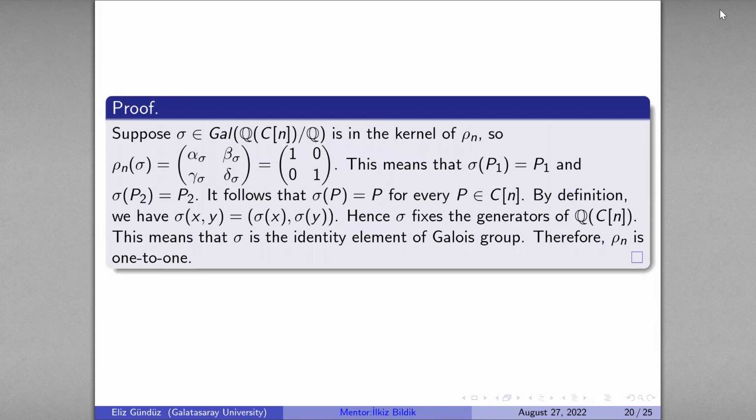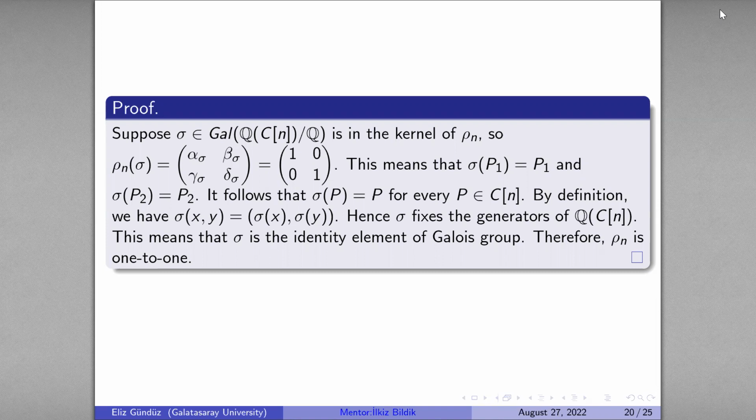And for the proof, we already know that it is a homomorphism. So it is sufficient to show that the kernel is trivial for one-to-one. We take an element sigma in the Galois group. If it is in the kernel, we know that this must be equal to the identity matrix. So from the representation, this means that sigma P1 equals P1 and sigma P2 equals P2.